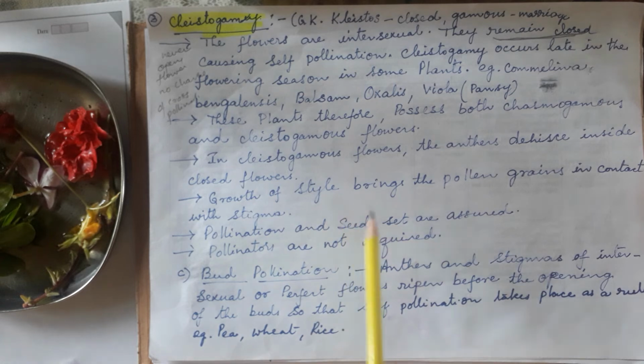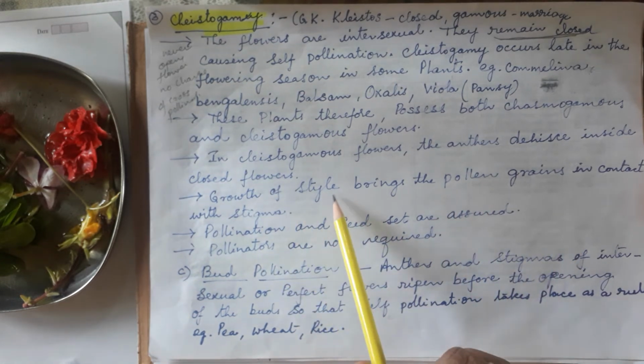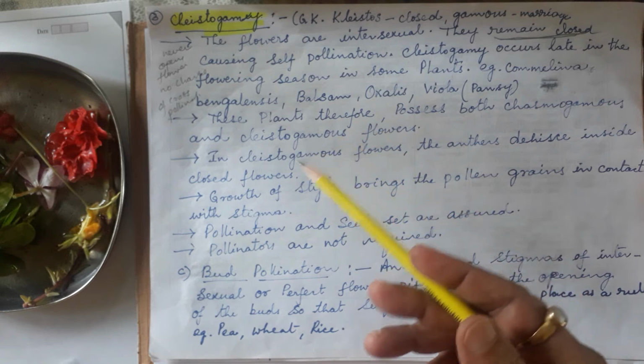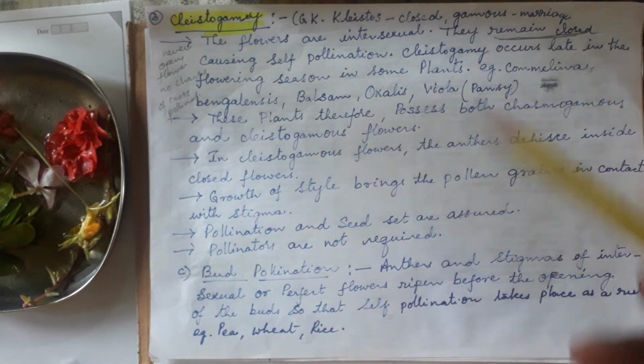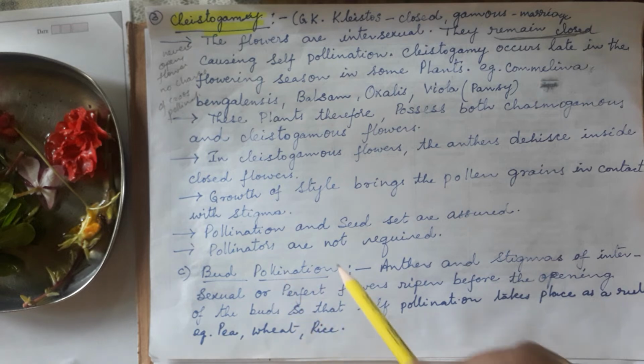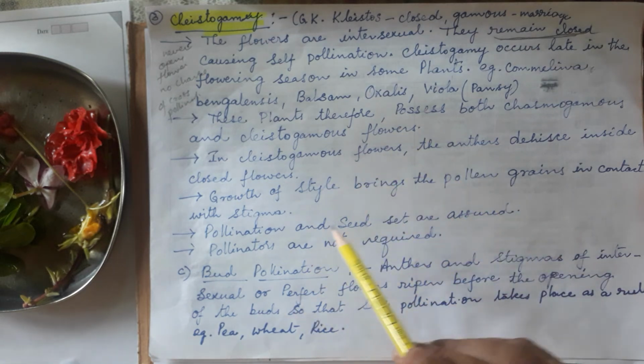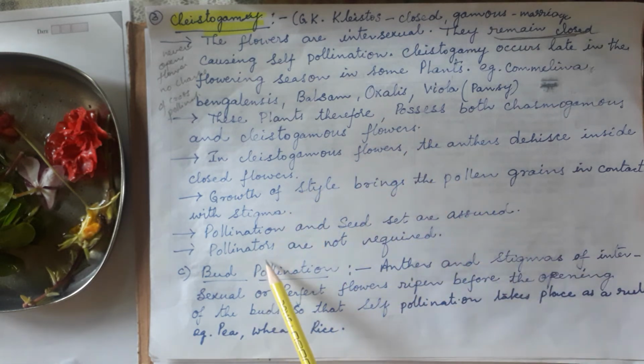And growth of the style brings the pollen grains in contact with the stigma. Pollination and seed set are assured. Why? Because the flower is not opening and the pollen has to fall inside on the stigma. So there is certainty for the fertilization and formation of the seed. And naturally, when the flower is closed and it is taking place on its own, there is no need of any pollinators.